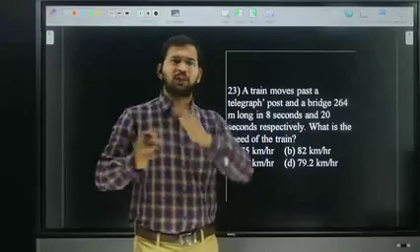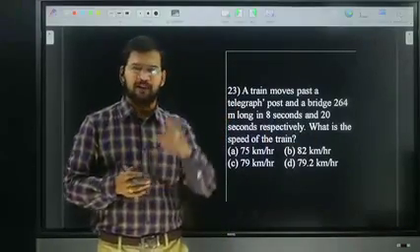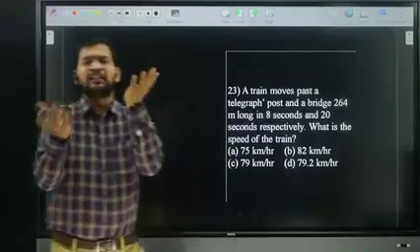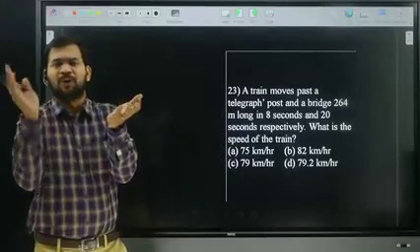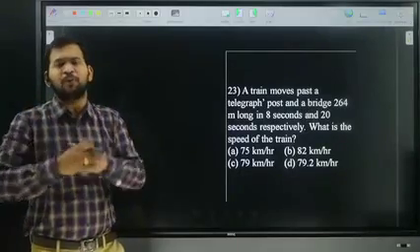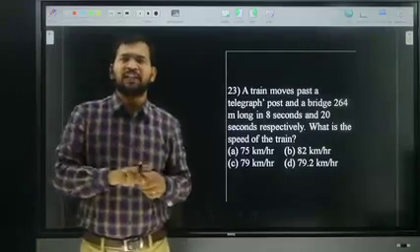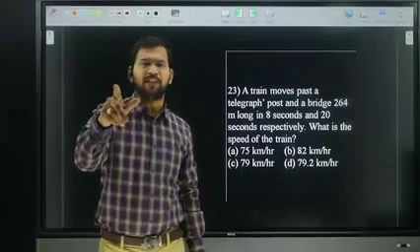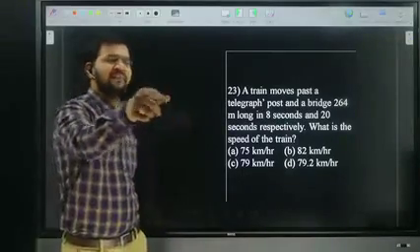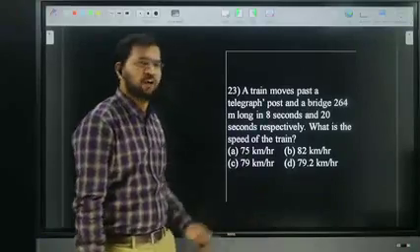For one second, 264 divided by 12 is 22 meters per second. Per second 22 meters is nothing but the speed of the train, 22 meters per second. If the speed of the train is 22 meters per second, they are asking in kilometers per hour.